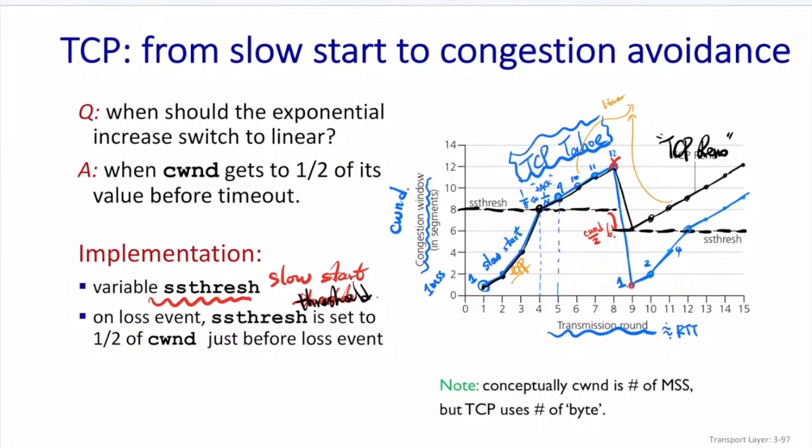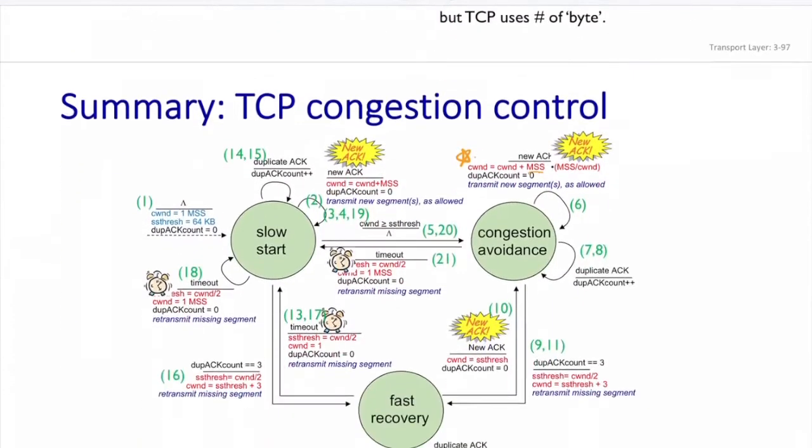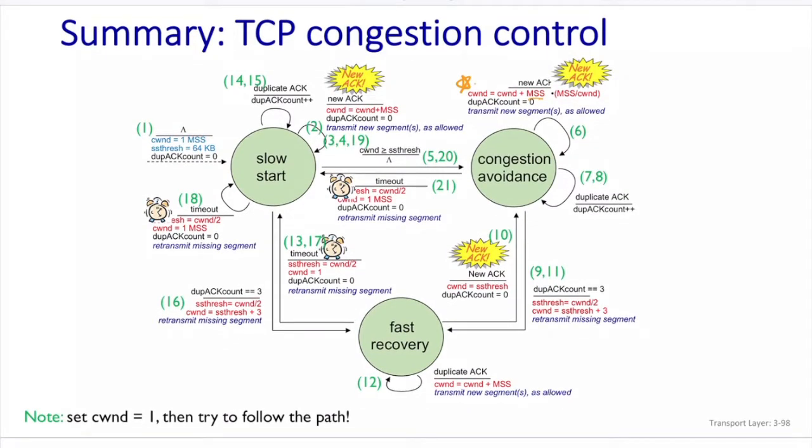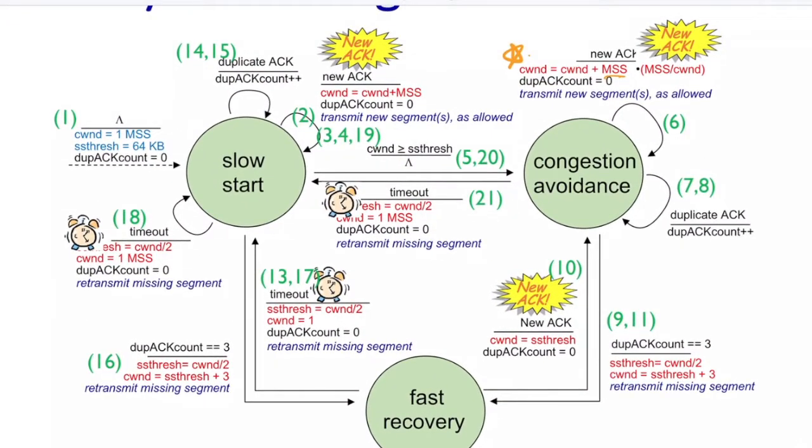So let's take a look at the real TCP congestion control finite state machine, and that will be the end of this hour. Please follow the steps. I wrote some numbers right here, so you simply follow these numbers.